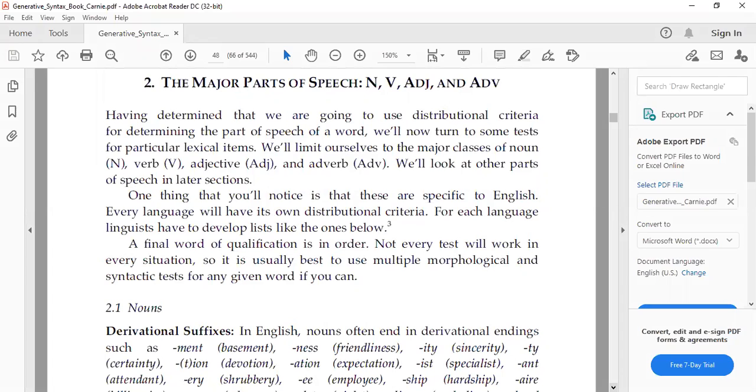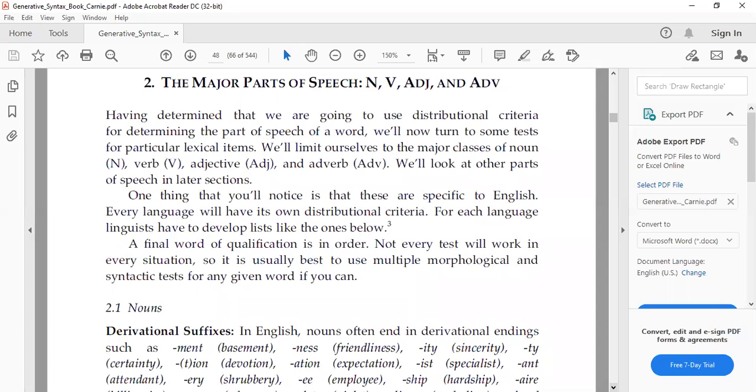So if syntax is the study of word order or sentence structure, what do we have in a sentence? Words. Okay, right, words.